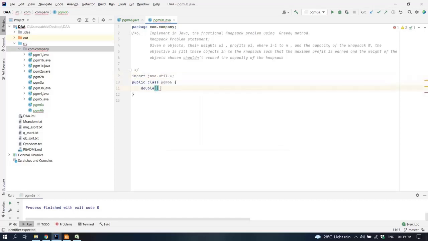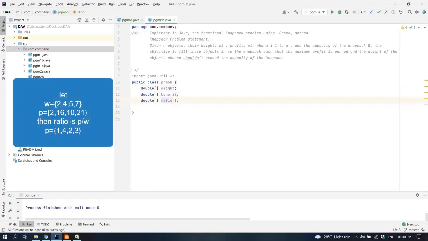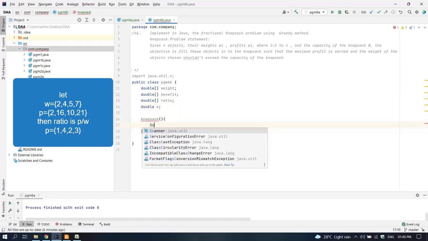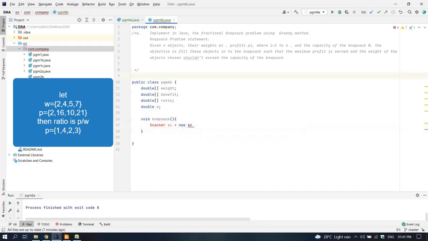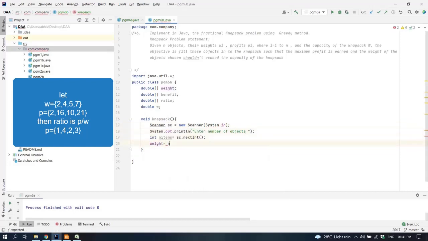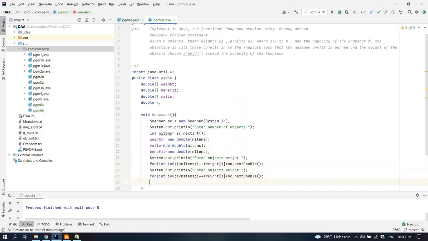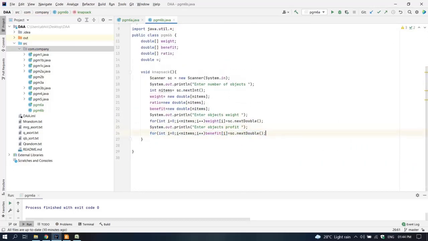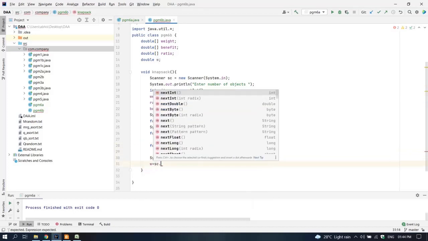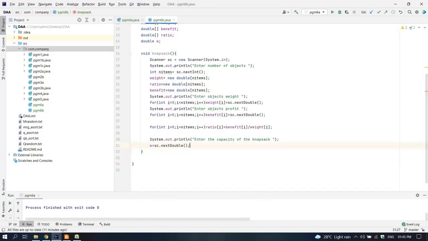Let's code it first. We are using double over here because the knapsack is going to be fractional. So we are done with our knapsack method.